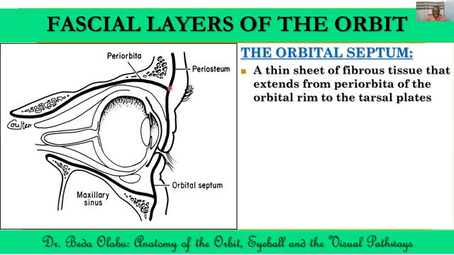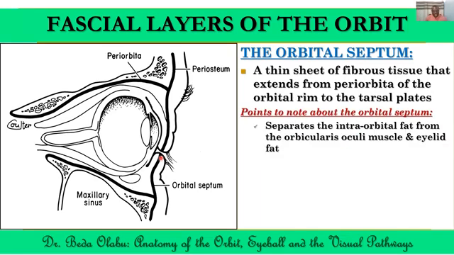It's just a thin sheet of fibrous tissue, membranous actually, which extends from the attachment of the periorbita at the orbital margin. This membrane continues into the eyelids, both superior and inferior. Now, the eyelids usually have fibrous material within them, which is called the tarsal plate. So this orbital septum goes up to the superior and inferior tarsal plates.